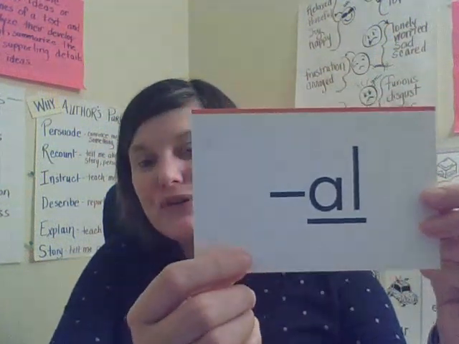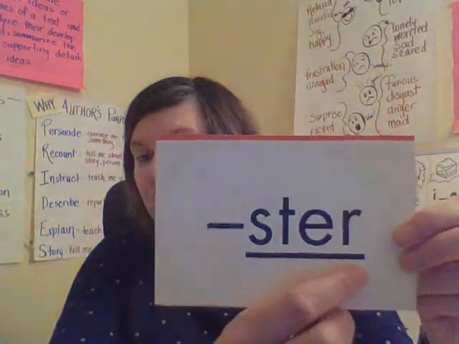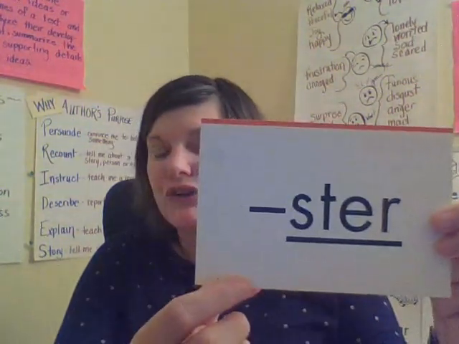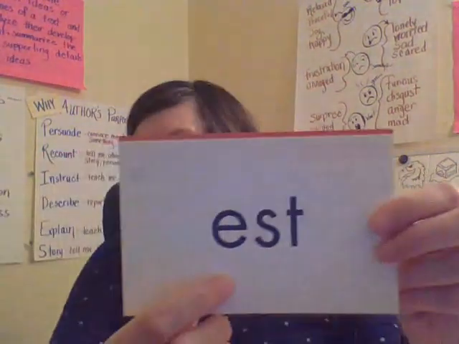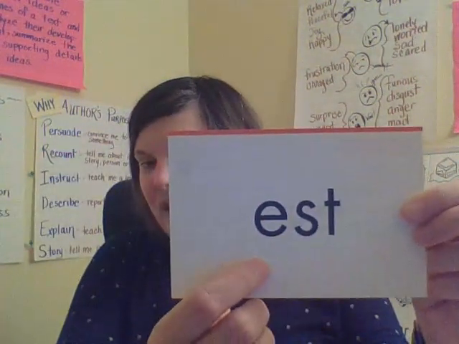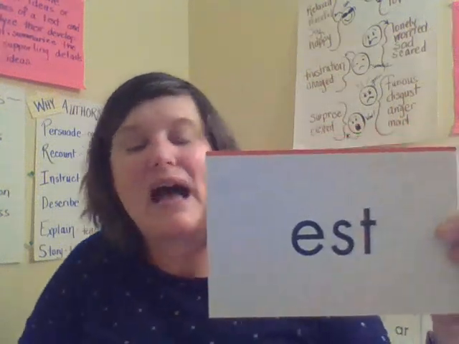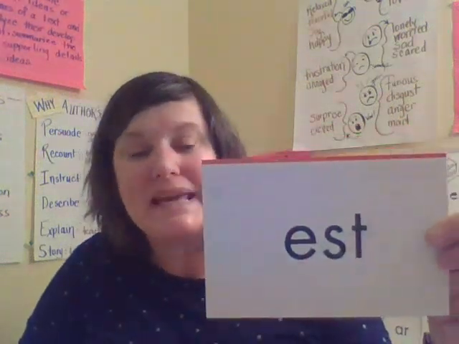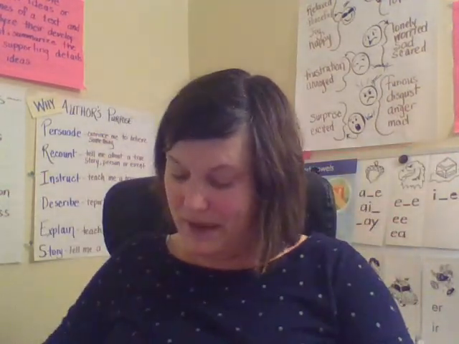Like at the end of personal, medical, it says ul. Very good. Stir. Together, stir. Your turn. Good job. This says ist. Together, ist. Your turn. Good. Like smallest, biggest. This is a suffix that we add to the end of base words.